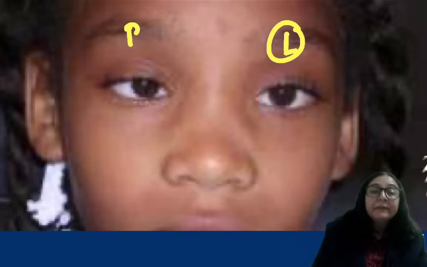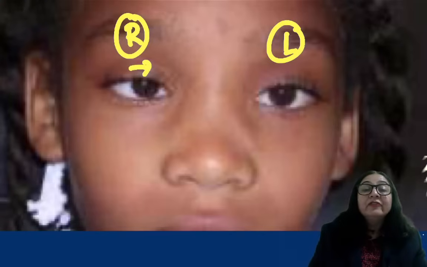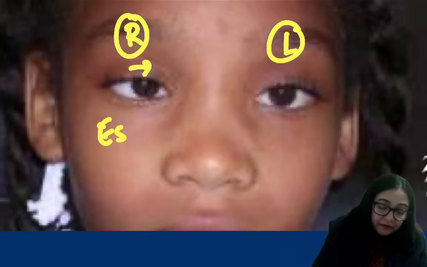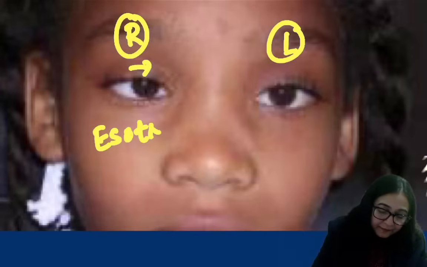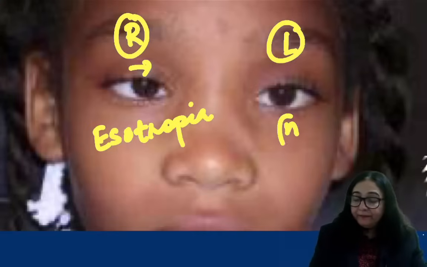This is the right eye. This is the left eye. The right eye is showing esotropia or convergent squint here. And the left eye appears to be central.